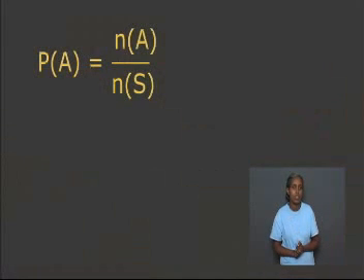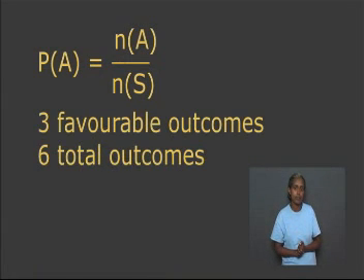Let us call the potential favorable outcomes A. We will also call the potential total outcomes S. We know that there are 3 odd numbers on a die. We also know that there are 6 total numbers.